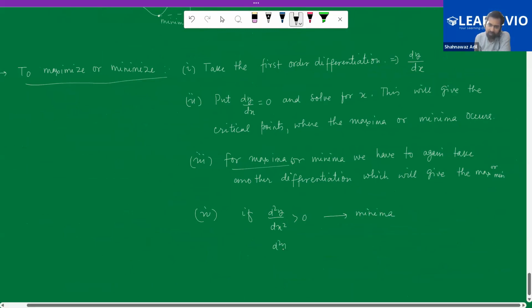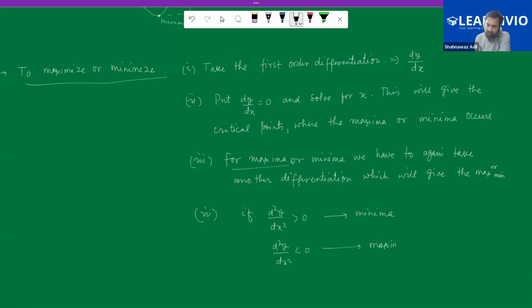And if we have d square y by dx square less than 0, then this is maxima. So we have to follow all these steps. Is this one clear to you? Yes, sir.